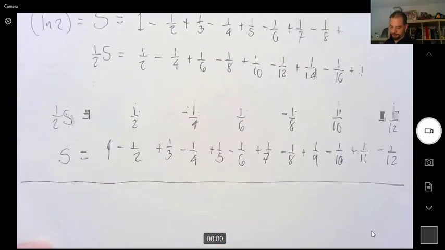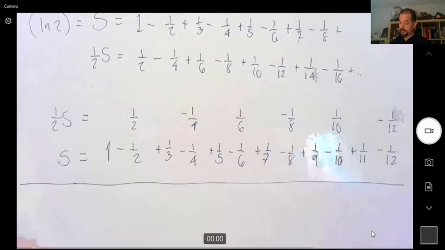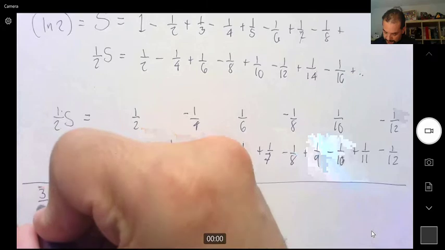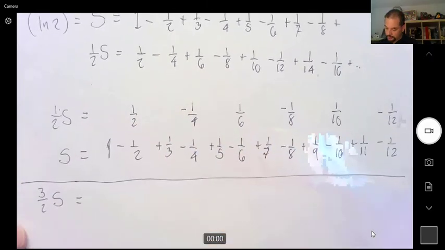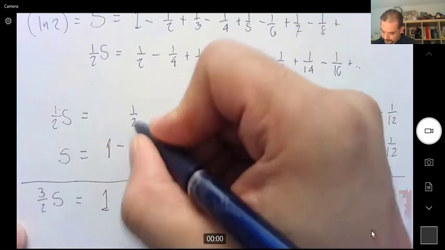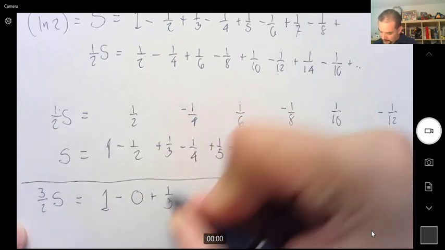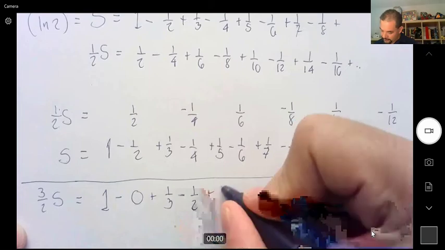And what do you get? Well, if we could add them the way they are, then we should get a half of S plus S, and that's 3/2 of S. And what should this be equal to? Well, this should be 1. This cancels, so 0. Then 1/3. Then this one is negative 1/2. Then 1/5.